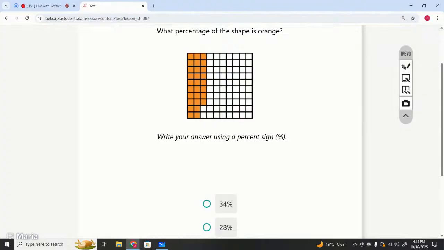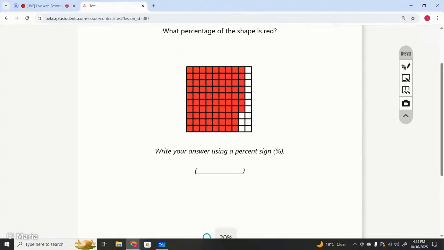What percentage of the shape is orange? The correct option is 28%. Option number 2 is the correct option.